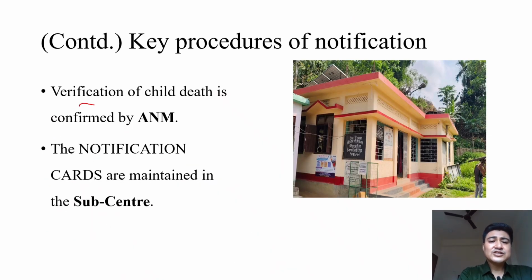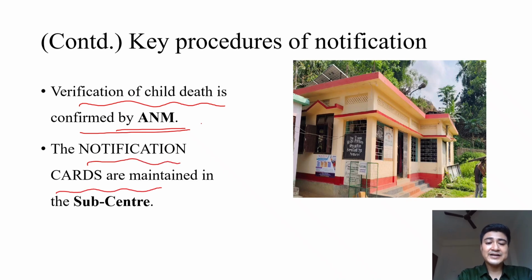The verification of the child death is confirmed by the ANM. In my previous slide, I told you that there is dual reporting. Why there is dual reporting, I will be telling you in a subsequent slide. This is the slide. The notification cards are maintained in the sub center. This is an important MCQ question.